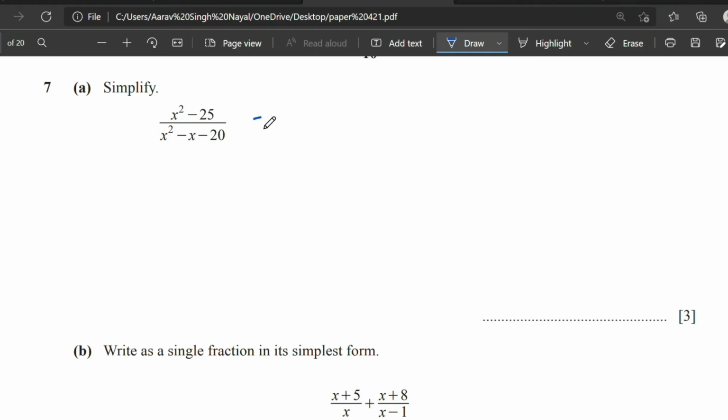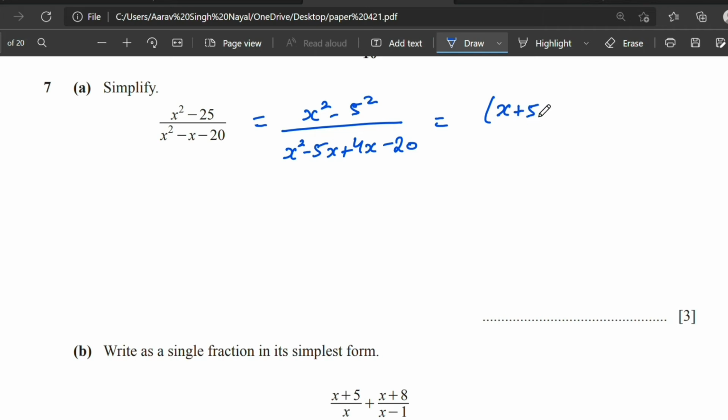So now you can see we can write 25 as 5 square, so x square minus 5 square. And now for this we will do the middle term splitting. So this will be x square minus 5x plus 4x minus 20. So x square minus 5 square is written as x plus 5, x minus 5.